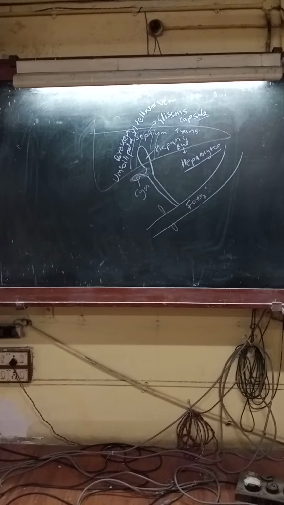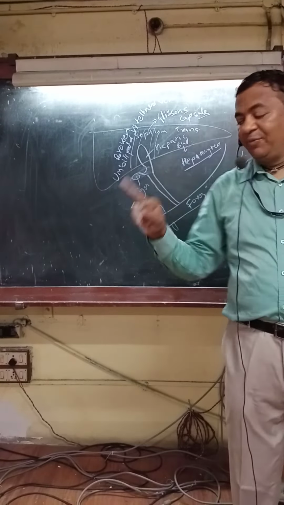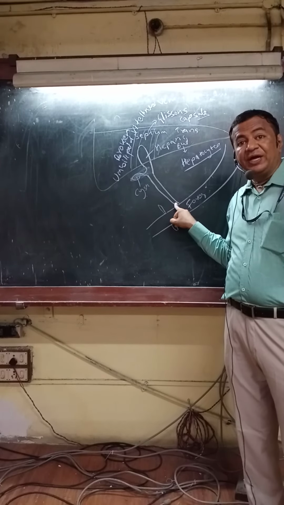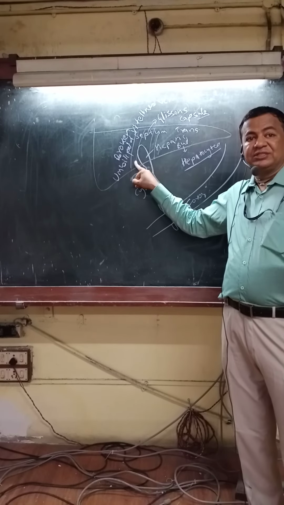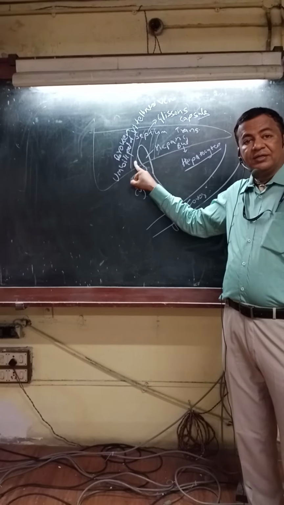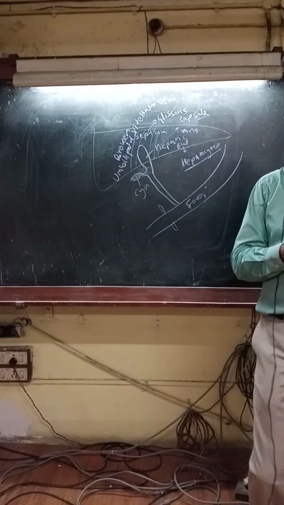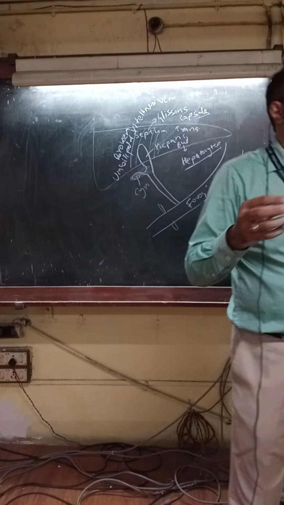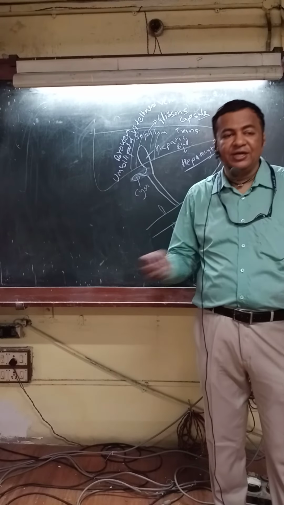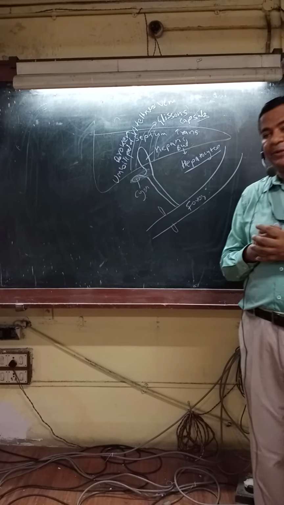So the liver is derived from three structures. The hepatic bud arising from the foregut, which gives rise to hepatocytes. The septum transversum, which gives rise to Glisson's capsule and the reticular framework. And the broken umbilical veins and vitelline veins, which give rise to sinusoids. So three structures from which the liver is developed.